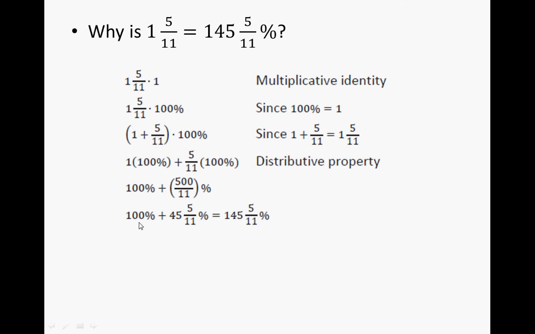Now we put this back together. 100% plus 45 and 5/11% is 145 and 5/11%. So that is how we get from 1 and 5/11 to 145 and 5/11%. You definitely want to make sure you write this down as an example because you're going to need to use it as we continue these.